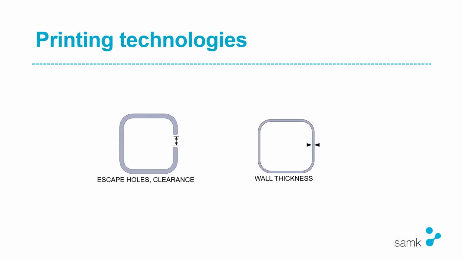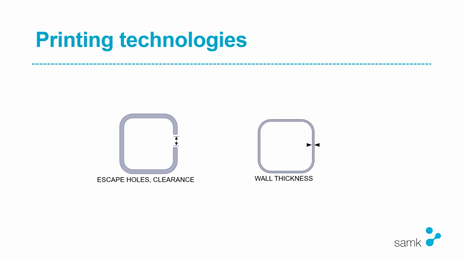The same goes for plastic, so clearance, wall thickness around 0.6 millimeters. Because if it's the same width as the nozzle diameter, you will have a very flimsy wall, and it won't hold. It will break very easily.